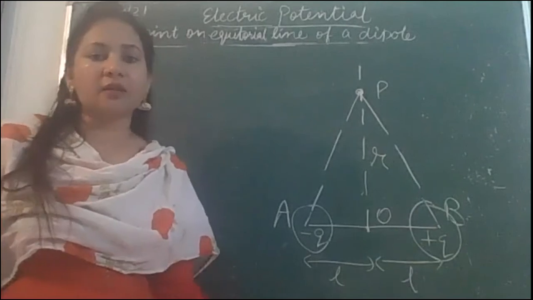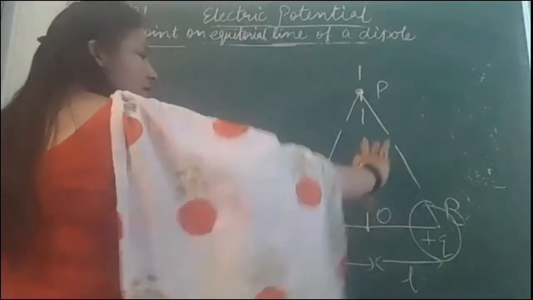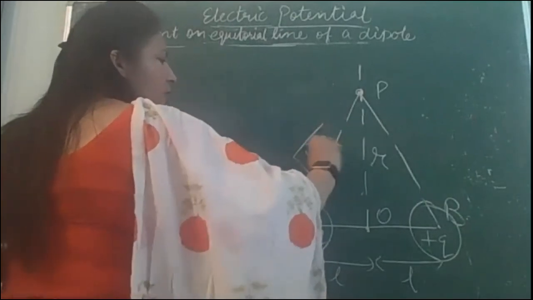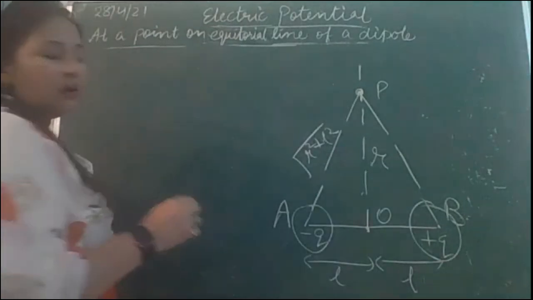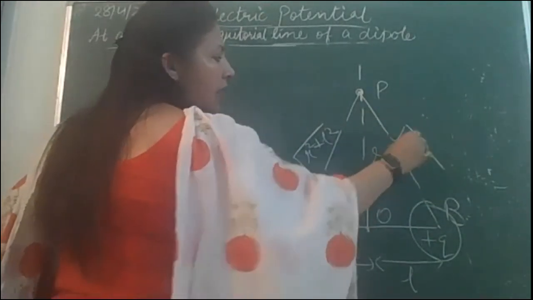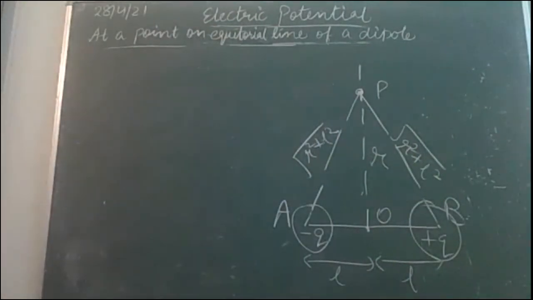We are not going to mark the directions. If this is L, this is R, what is this length AP? Under root R square plus L square by Pythagoras theorem. In the same way, this is L, this is R, so this side is also under root R square plus L square.